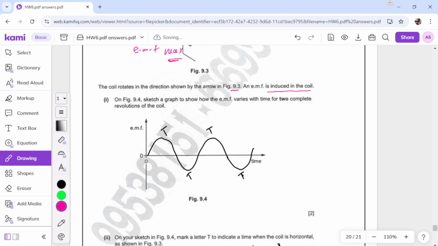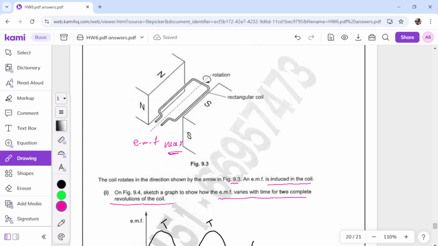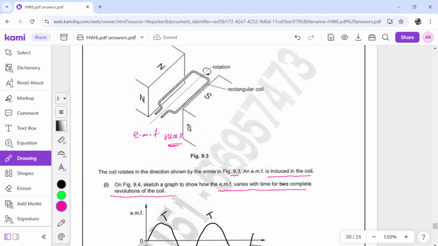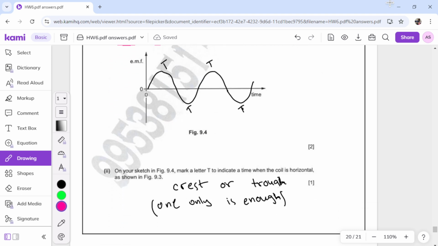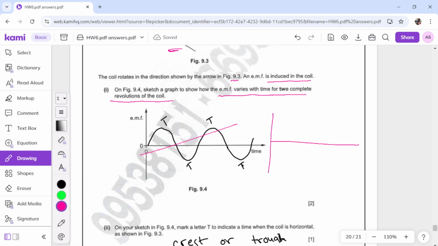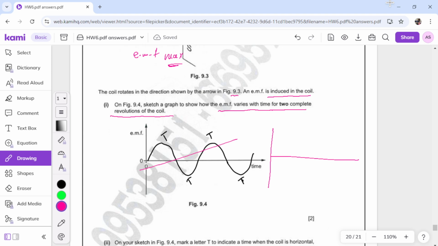On figure 9.4, sketch a graph to show how the EMF varies with time for 2 complete revolutions of the coil. Now he starts from parallel, right? So we have the maximum. So instead of this, I have to start from maximum.